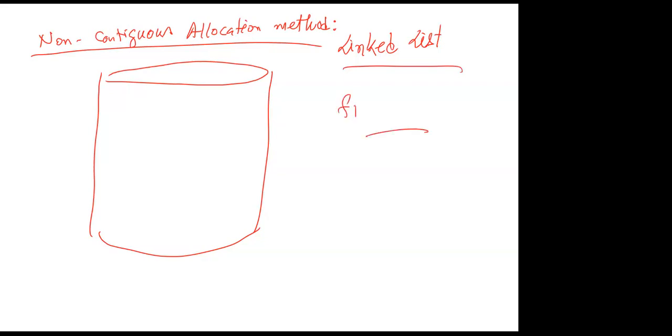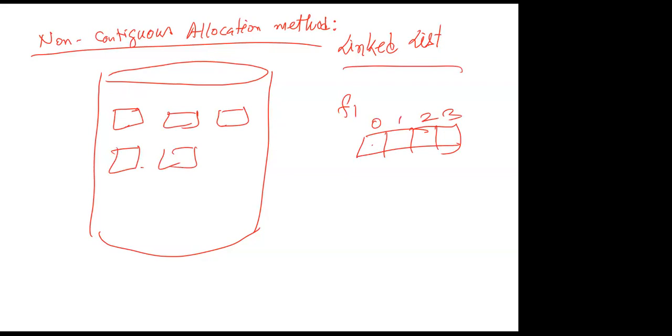So let's say file f1 has 4 blocks, numbered 0, 1, 2, 3, and here is the block of the SSD, numbered 0, 1, 2, 3, 4, 5, 6, 7, 8.